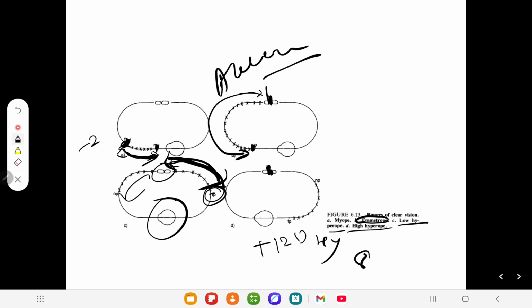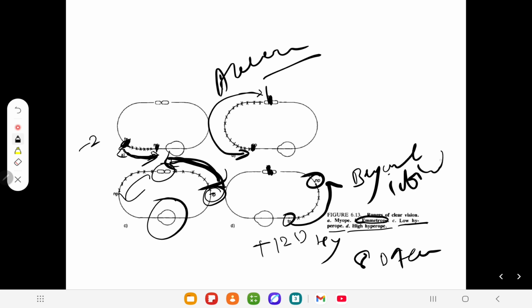But he has only 8 diopters of accommodation. So he cannot get there; he comes from here to here. But these two points always lie beyond infinity. So he cannot see distance or near, it doesn't matter. He cannot see this clear range of vision, this range of vision from infinity.